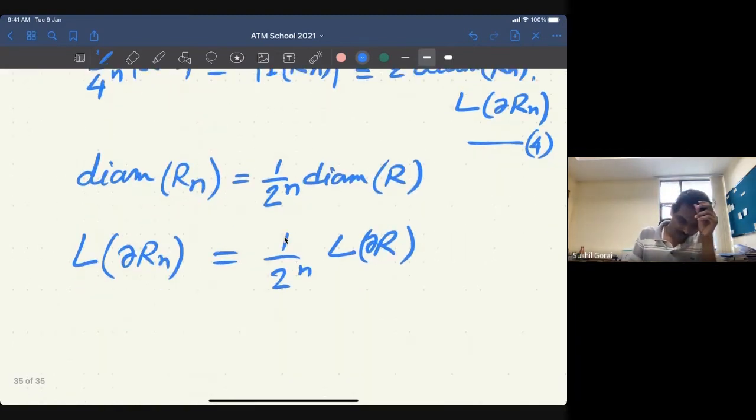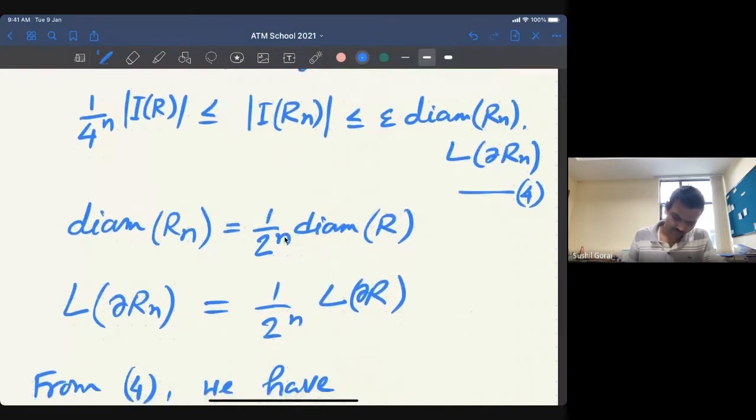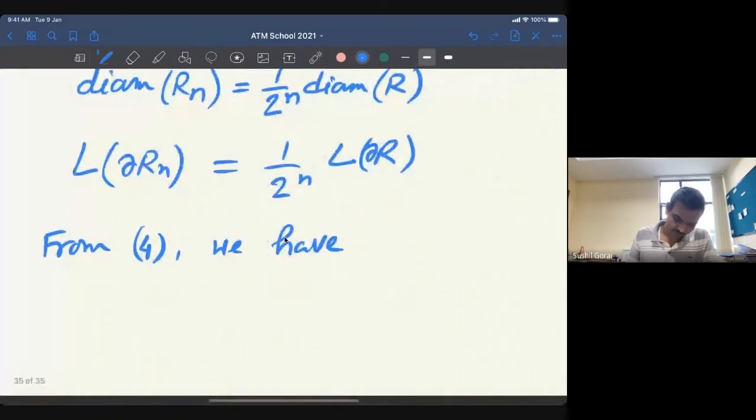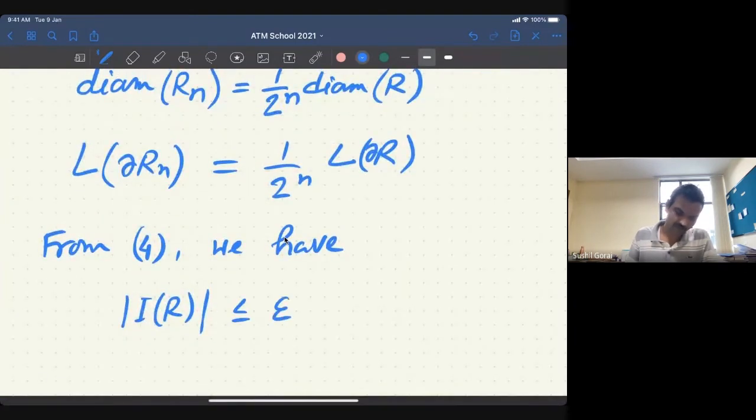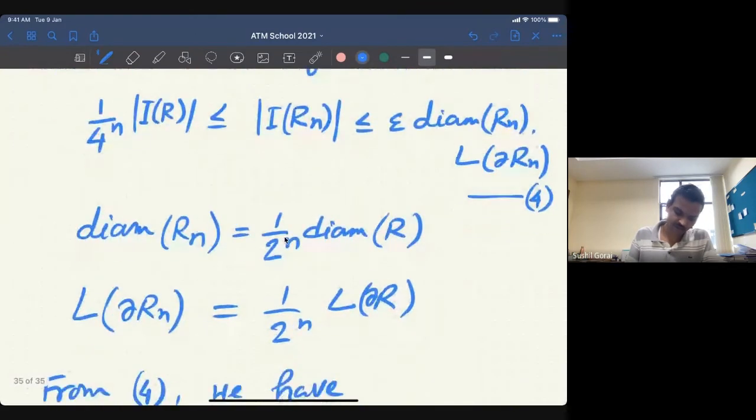Now from 4, we have |I_R| is less or equal to epsilon times 1 over 2 to the power n and 1 over 2 to the power n, that will be 1 over 4 to the power n.